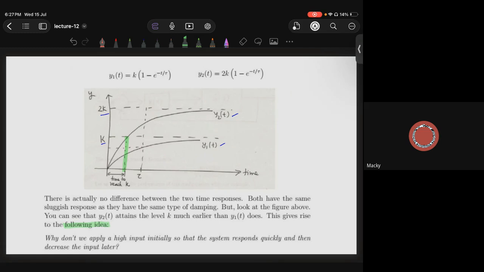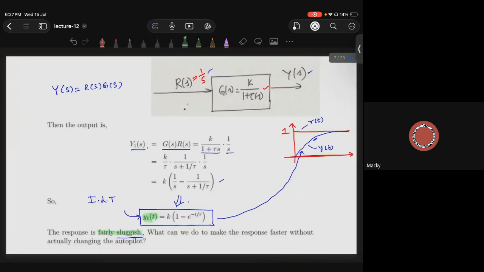Now the idea is we want our output to reach the value of 1 very fast. That is our main intention.